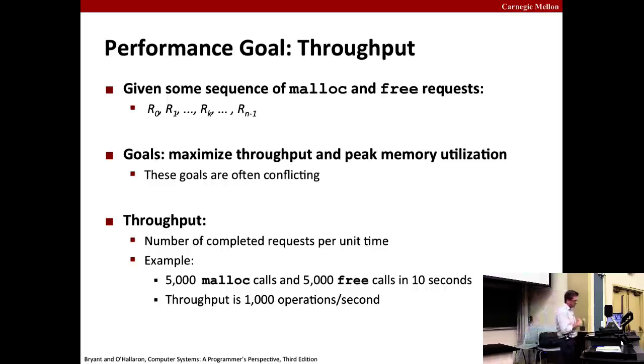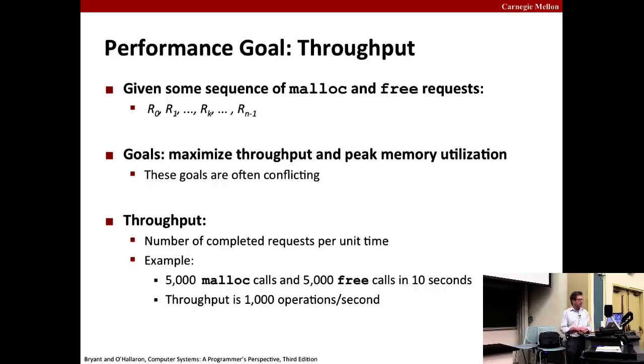Now we define these speed and memory efficiency metrics. We have two metrics that we use. One is called throughput.